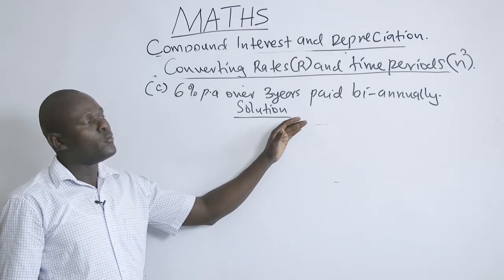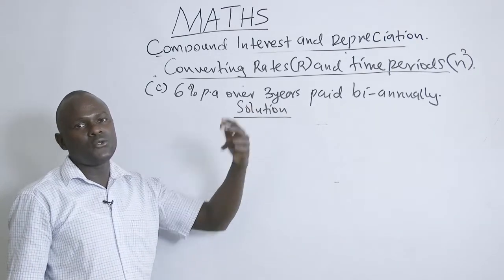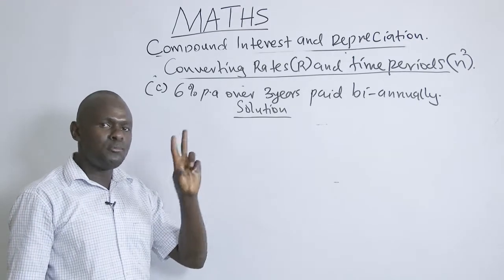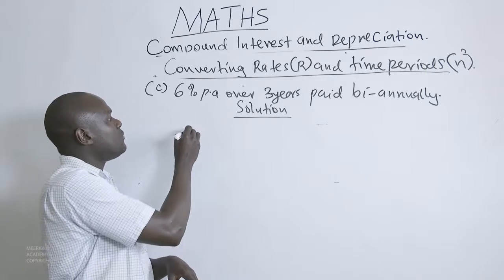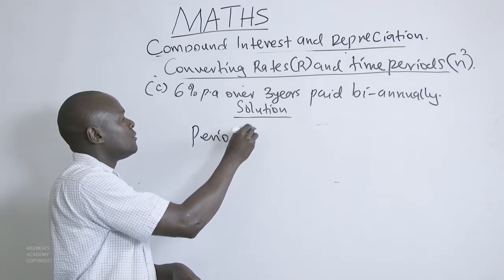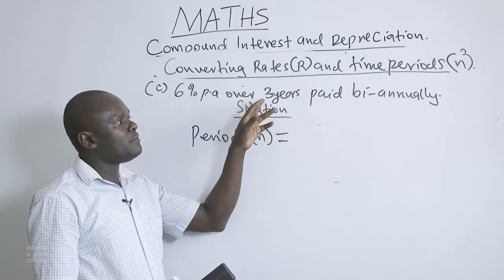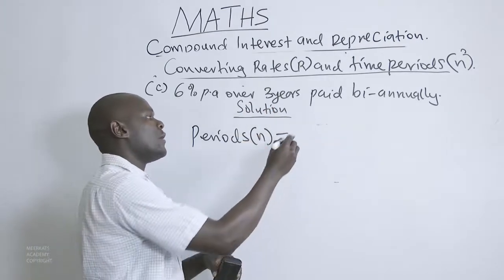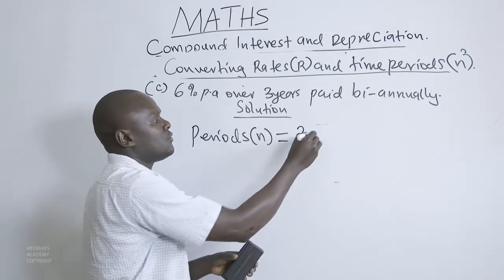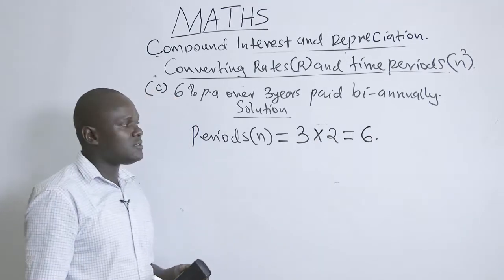How do we calculate that? We need to understand the meaning of biannually. Bi means we have 2. So in a year, they are going to make 2 payments. So how many periods will we have? That will be determined by the number of years and the information we have here. We have 3 years, and in a year, they are going to make 2 payments. So this will give us 6 periods.